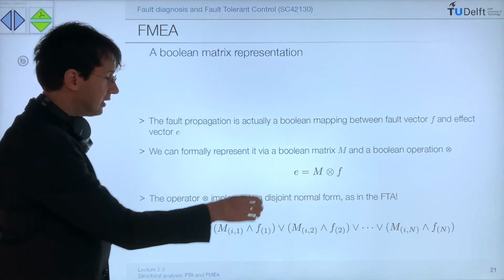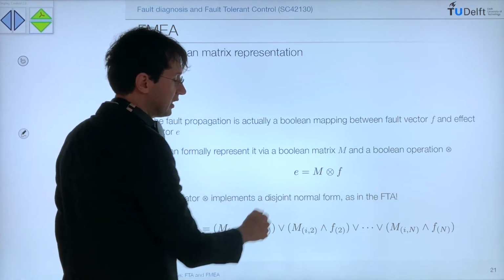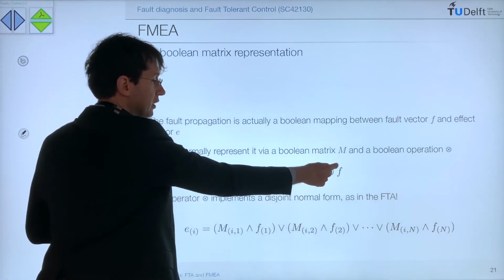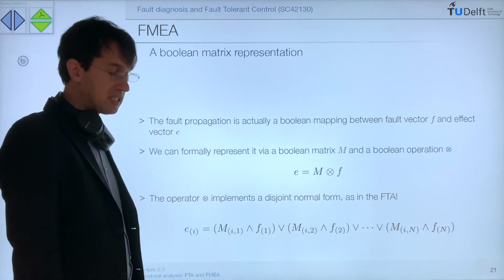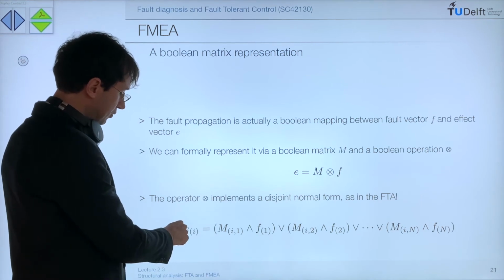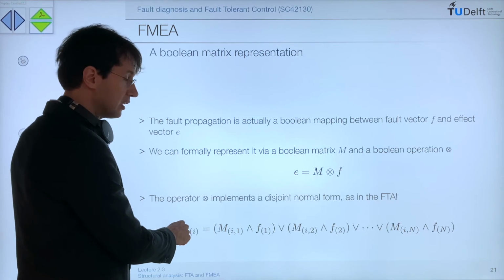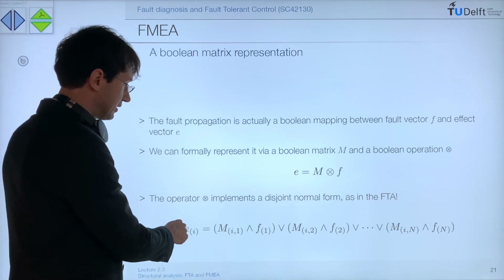So we take the row number I of this matrix, and we take the AND of every component of that row with every component of the fault vector. And the result is put into the first component of the vector with the effects.